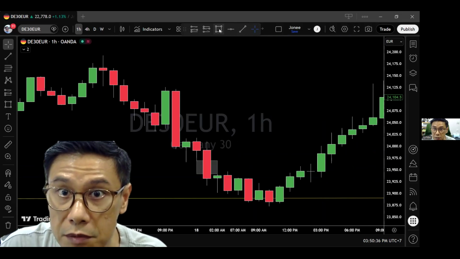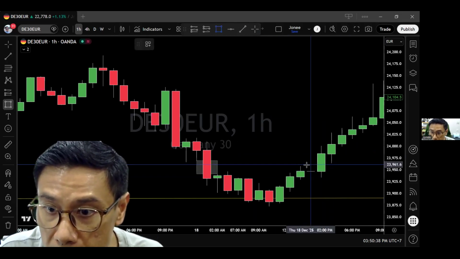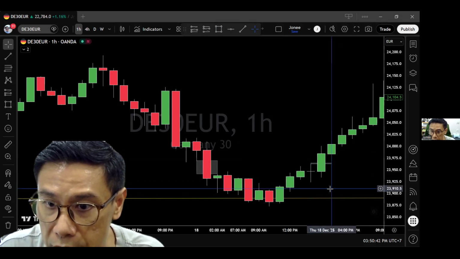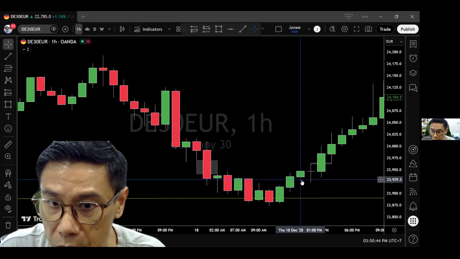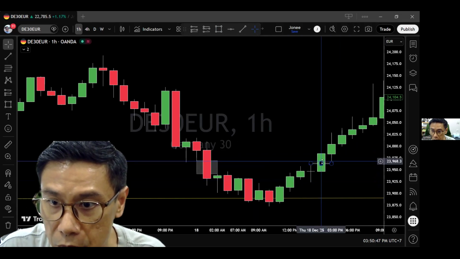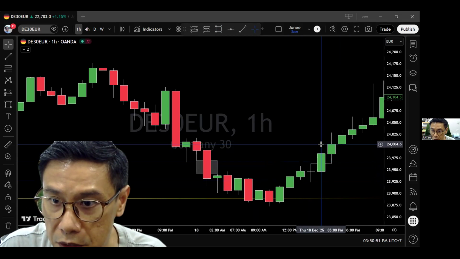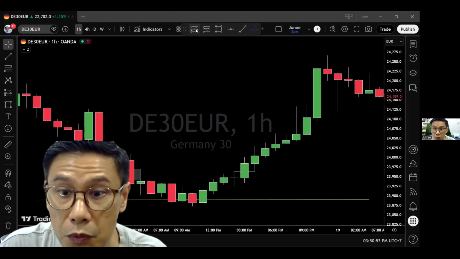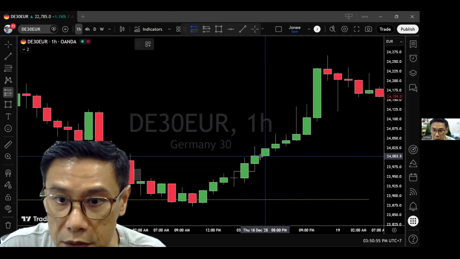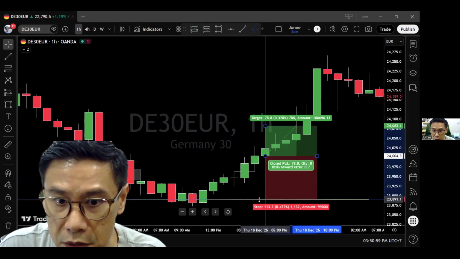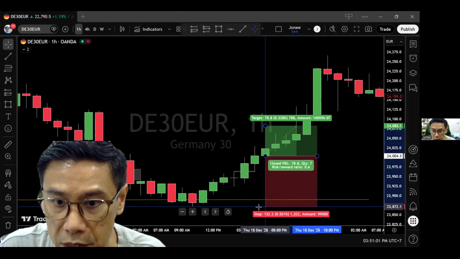Okay, so you can see there is a small gap right here. And this gap will not work. This gap will work, right here. This is closed. So we enter that as soon as this H1 candle closes, stop loss below that swing.